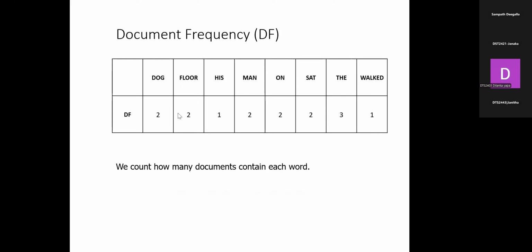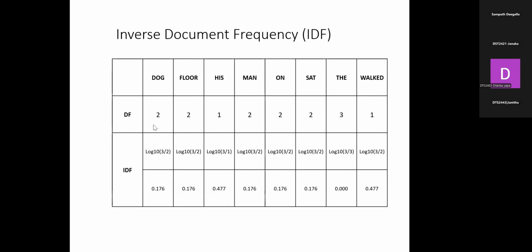Now, how do you count the inverse document frequency? So we have the document frequency, and inverse document frequency means you take log of n divided by the document frequency, where n is the number of documents. In our case, it's 3. So for the first one, we get 3 divided by 2. That is 0.176. Flow is also the same. His is 0.477 because you divide 3 by 1. 3 by 2, 3 by 2, 3 by 2.